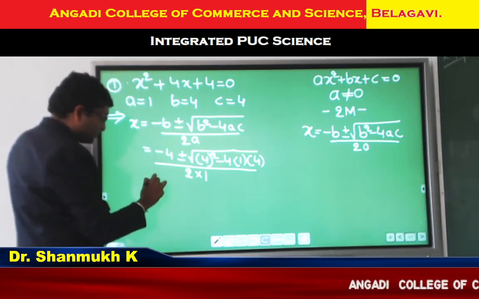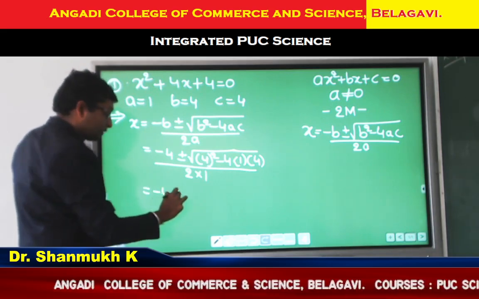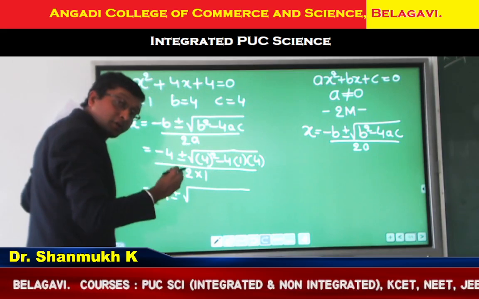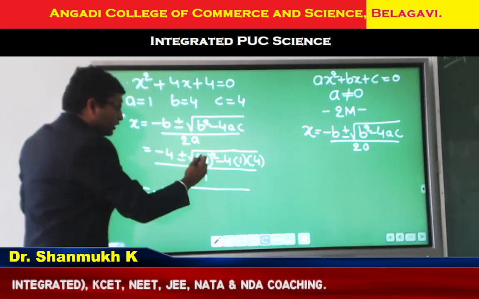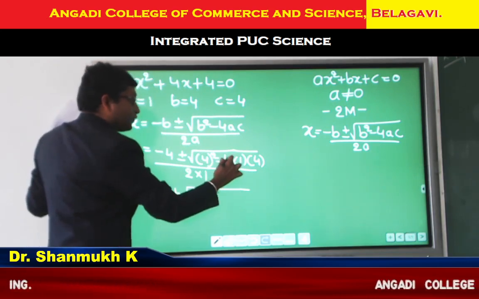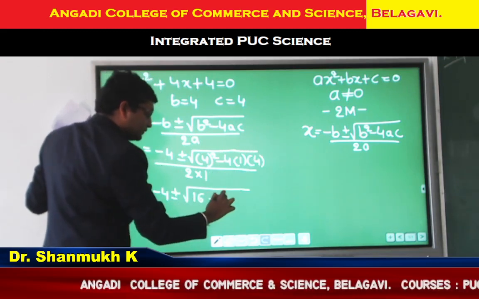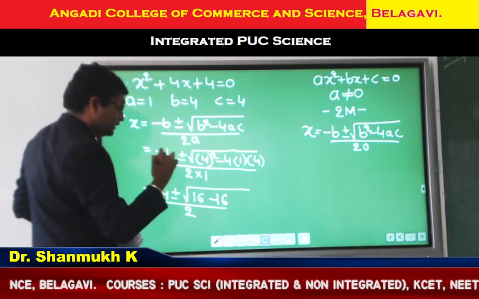Next step: minus 4 as it is, plus or minus under the square root of 4 square. 4 square means 4 multiplied with 4, we get 16, minus 4 into 1 into 4, 16 we get, divided by 2 into 1, which is 2.